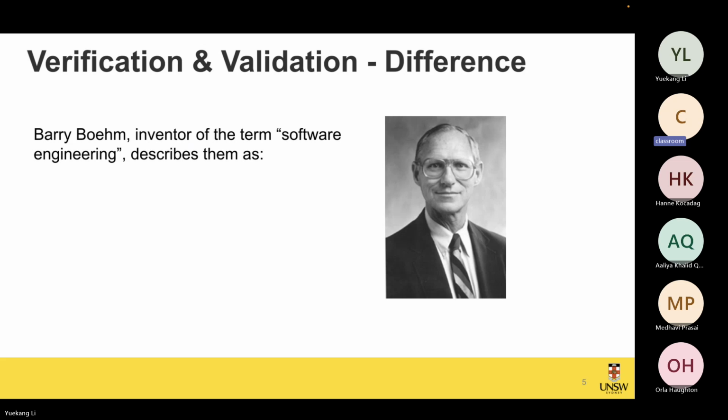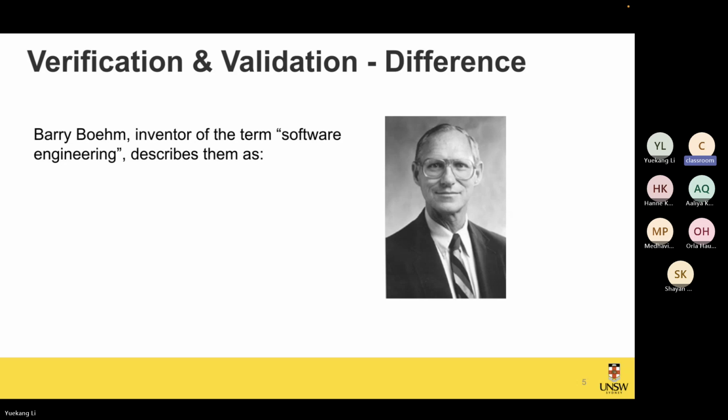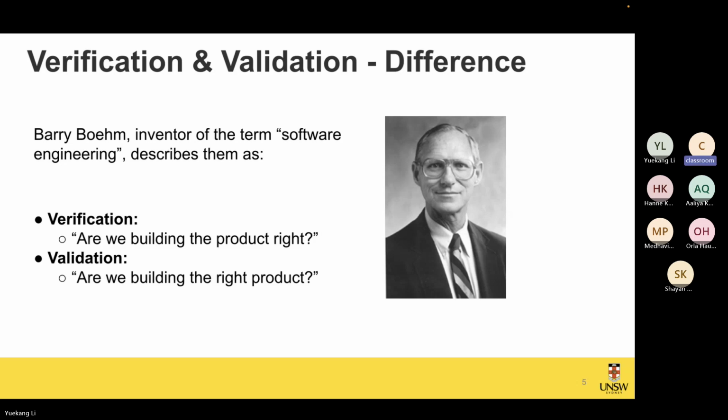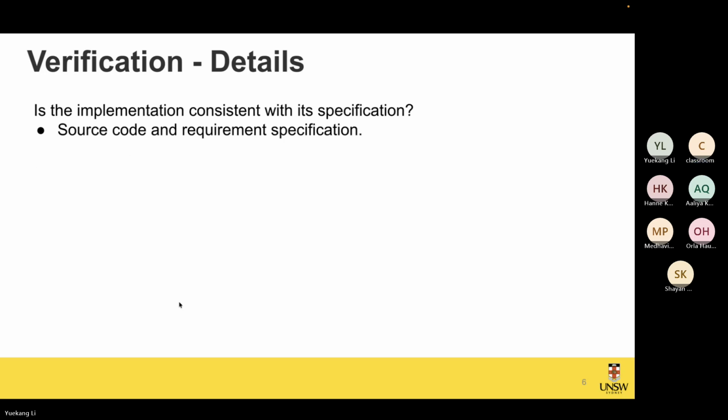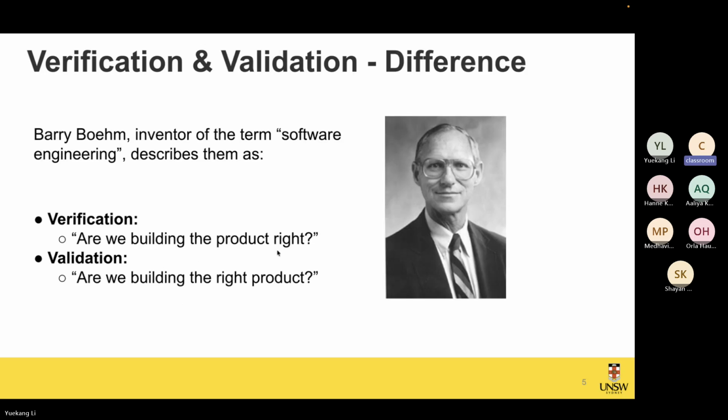And this guy, Barry, describes verification as: are we building the product right? And validation as: are we building the right product? So for verification, we care more about the process of building the product, the intermediate steps achieved along the way. For validation, we care more about the final thing we get.